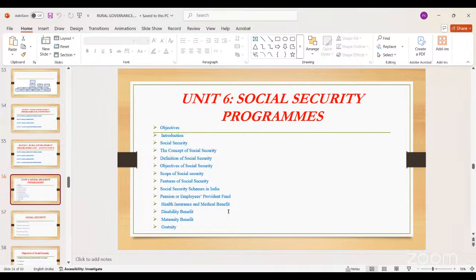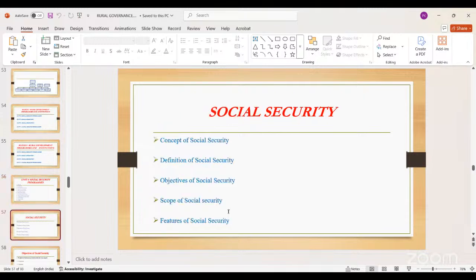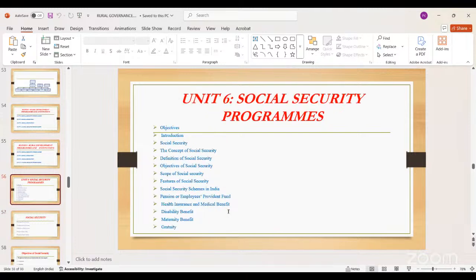And there are pensions or employees provident fund, EPFO, then health insurance and medical benefits. There are disability benefits schemes, then schemes related to maternity benefit and gratuity. Similarly, we'll also try to have a very comprehensive idea of what social security is all about. Okay, so let us cover this chapter.